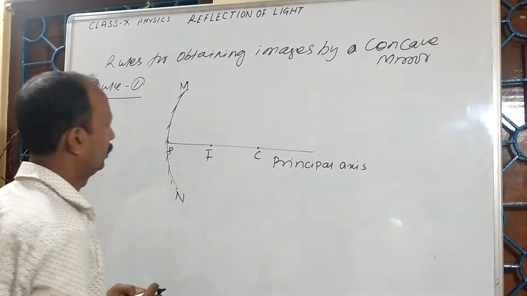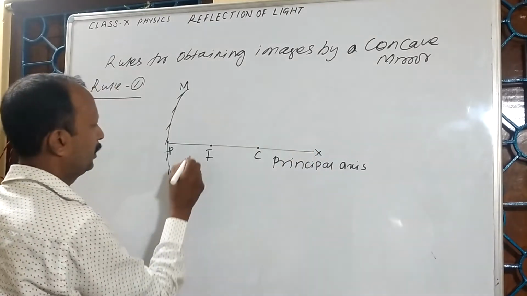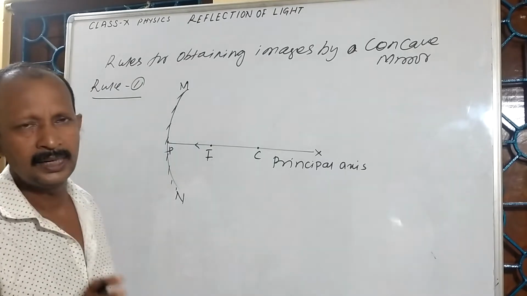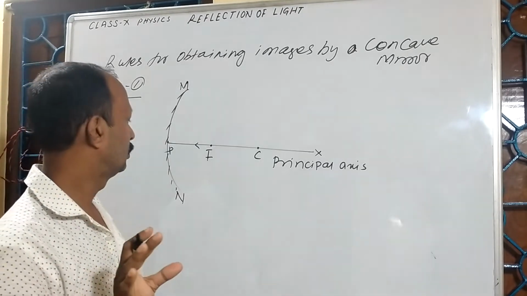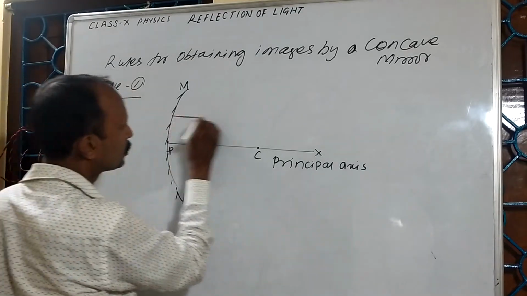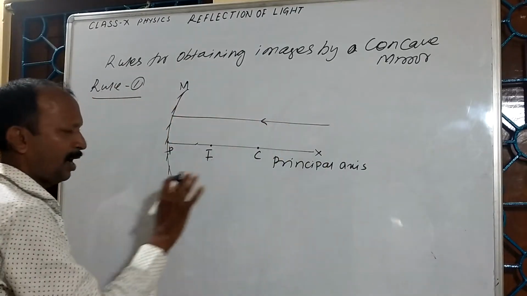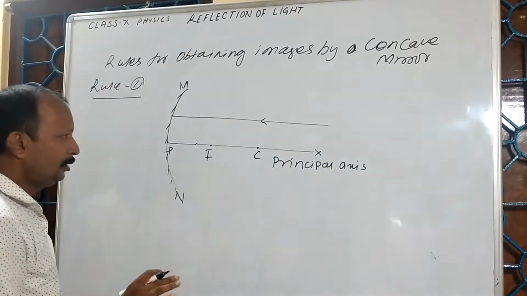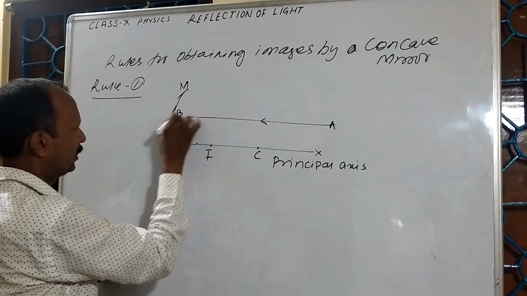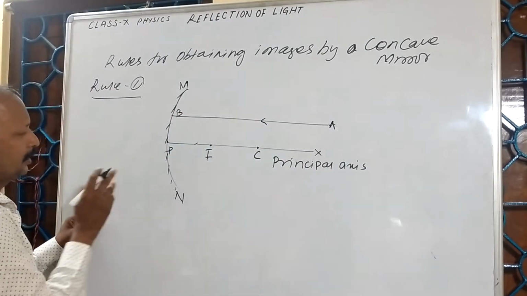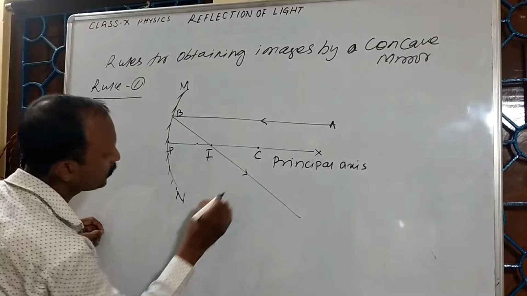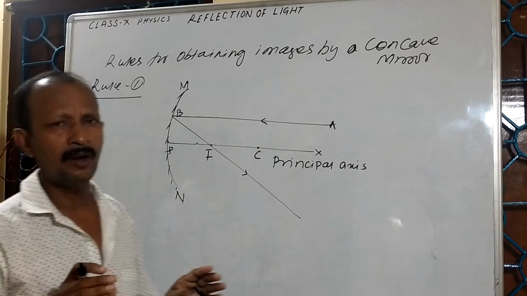The principal axis itself represents an incident ray also. Now, suppose a light ray comes parallel to the principal axis. I give its name, suppose A, and it is incident at the point B. Then it reflects through the principal focus. This is the first law.